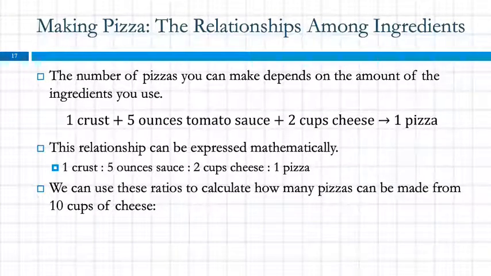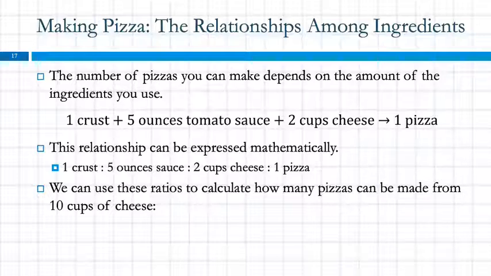Okay, so let's take this away from burning octane and talk about pizzas. Making pizza. Making pizza, cooking anything, the amount of things you can make depends on how much stuff you have, right?